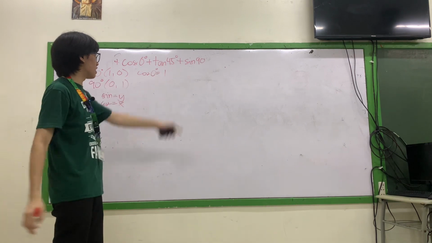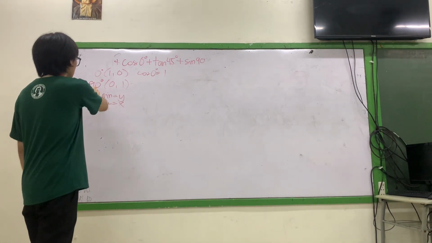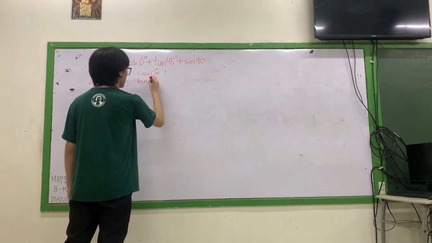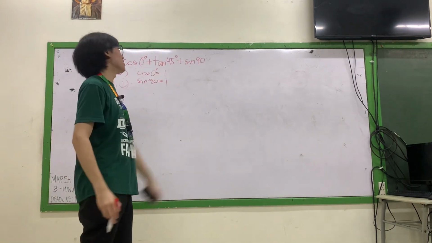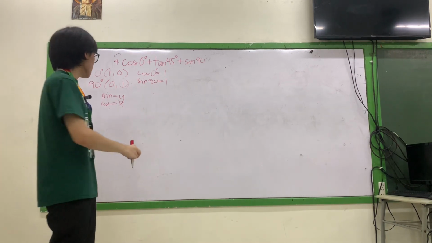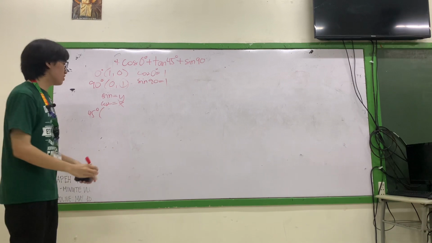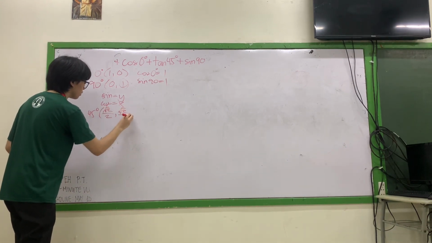Then we can solve for sine of 90. Since sine is our y value, and our y value here is 1, we can say that sine of 90 equals 1. So now we have two of the values here. Let's solve for tan 45. The terminal points of 45 degrees are square root of 2 over 2 and square root of 2 over 2.